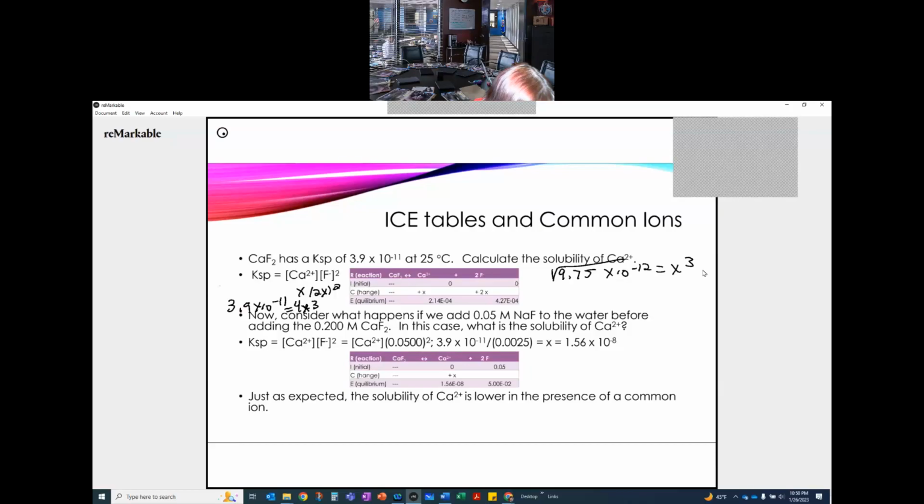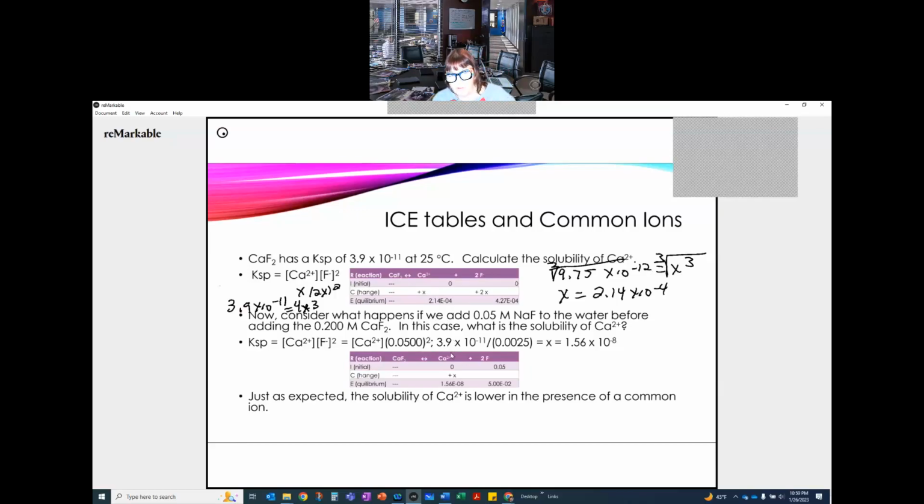I take the cube root of both sides, and that gives me x equal to 2.14 times 10 to the minus 4th, which strangely enough is the number that's right here for the Ca2 plus.